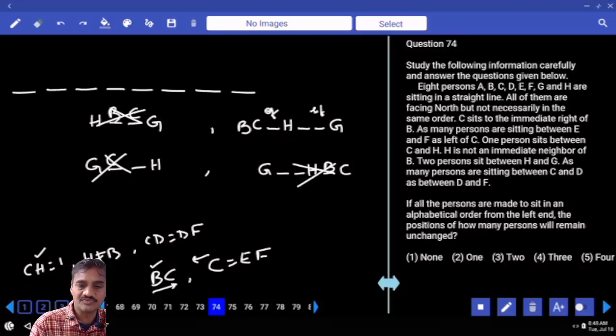Then C and D, D and F means D must be exactly in between C and F. Is it possible here? No. As it is not possible here, D is exactly between C and F.